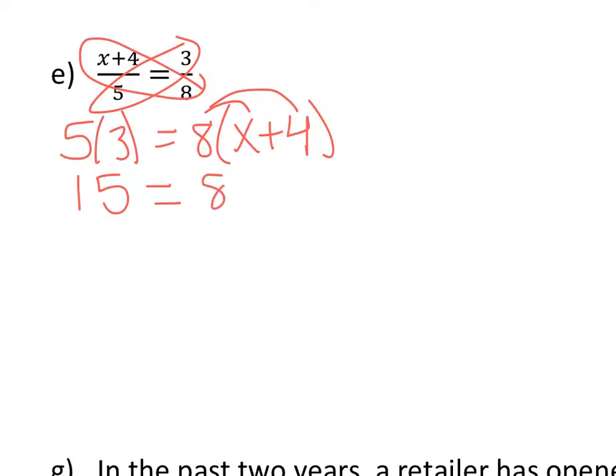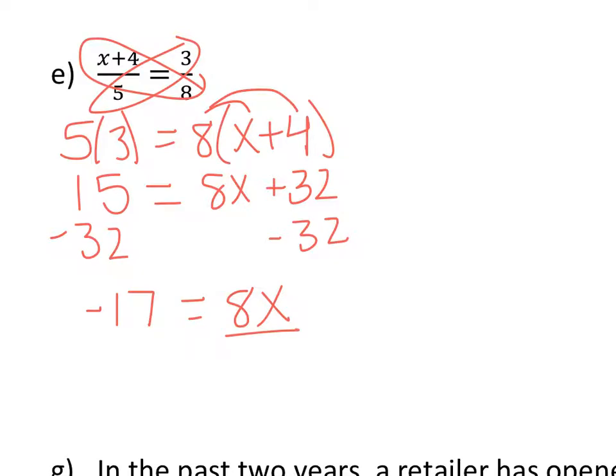So 8 times x is 8x, and 8 times 4 is 32. I'm going to subtract 32 from both sides. And I get negative 17 equals 8x. Divide by 8. And I'm going to just leave that as an improper fraction. Negative 17 over 8 equals x.